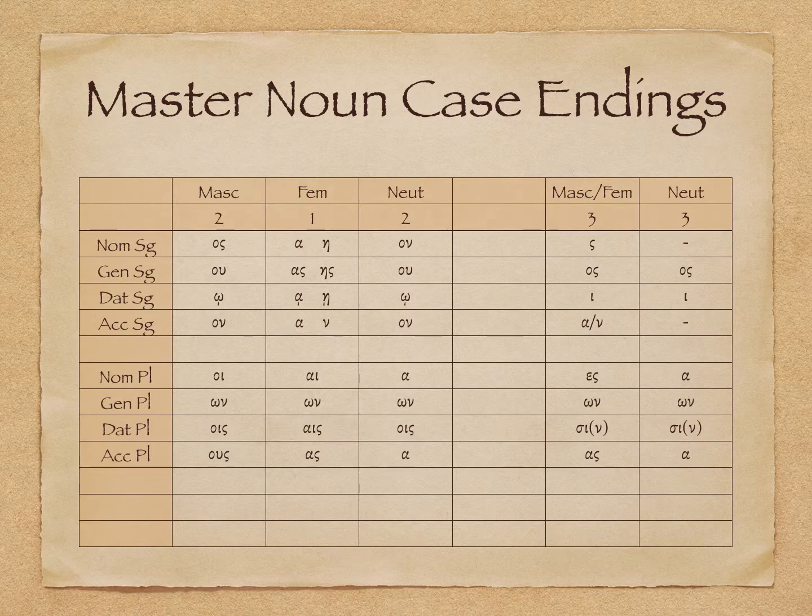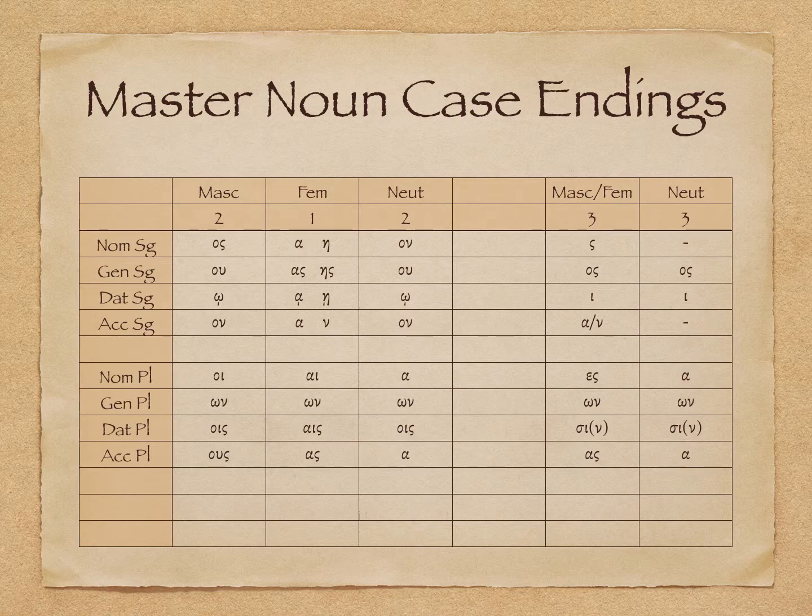And this is the master case ending chart, including the final stem vowel. This is the form that you would see at the conclusion of a word and of a participle, and can help you to parse it and know what it means. So you'll need to go back and look at this. Again, this is page 83 in Mounts.